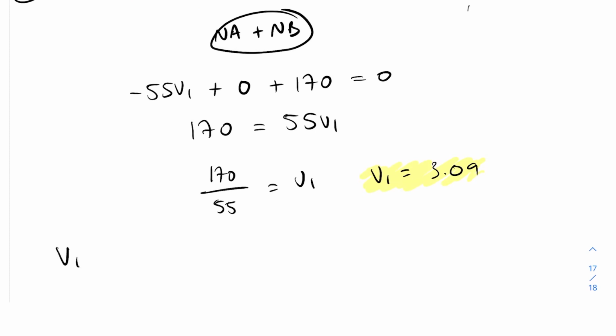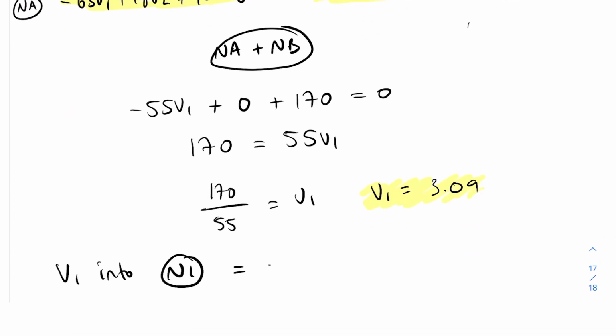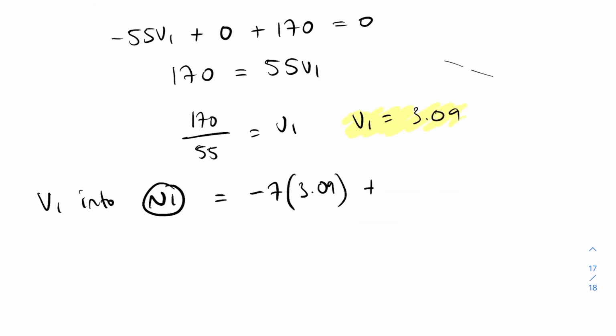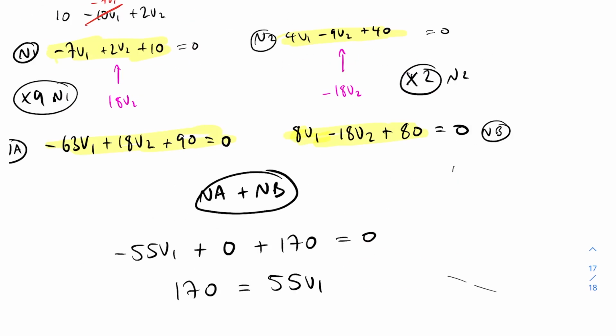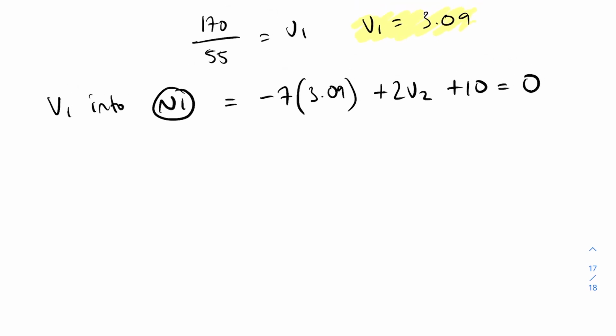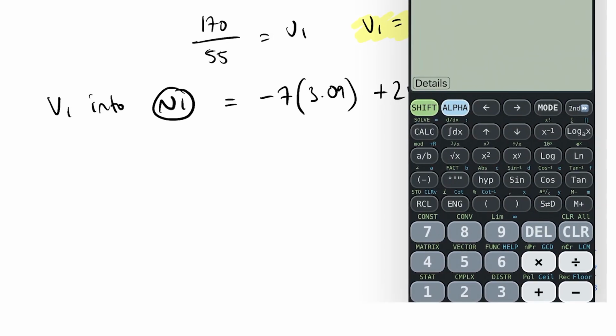So V1 into N1 is, so you've got minus 7 times 3.09, right? Because it's V1, and then plus 2V2 plus 10 is equal to 0. And so then let's do minus 7 times 3.09.